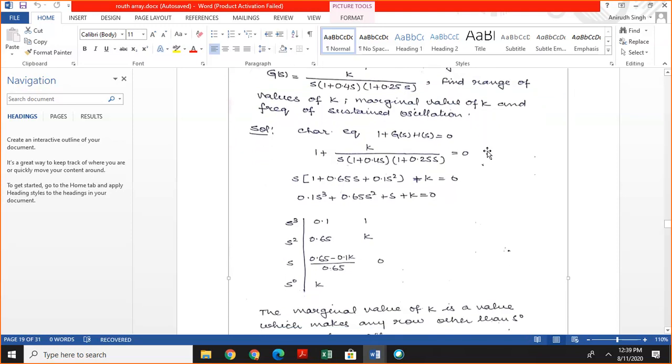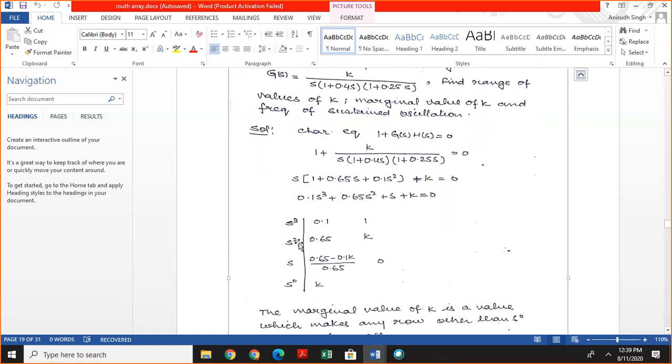First you solve this equation. The characteristic equation is 1 plus G(s)H(s) equal to 0, and we get this characteristic equation. Then form the Routh array. S raised to power 4 is 0.1 and 1.